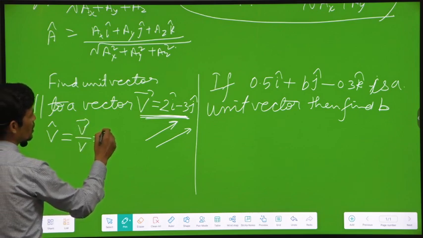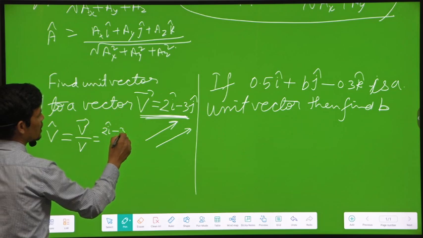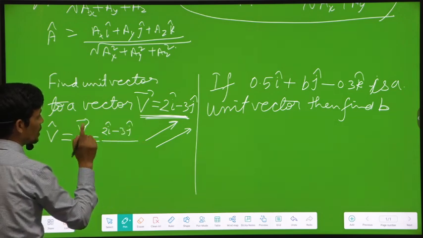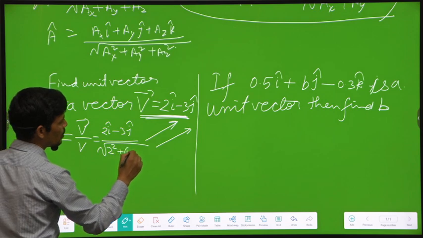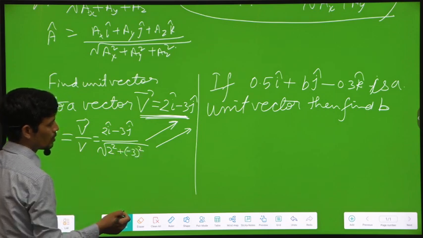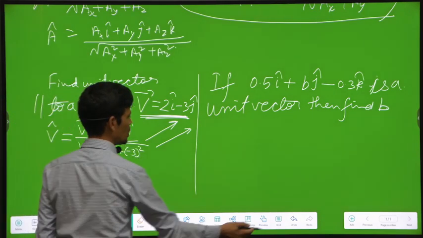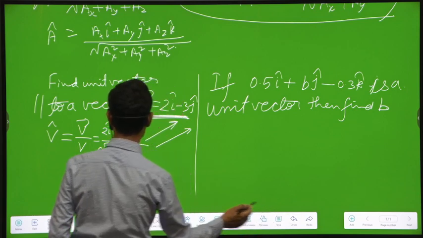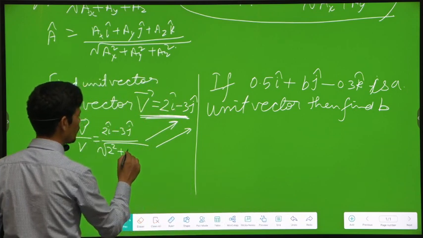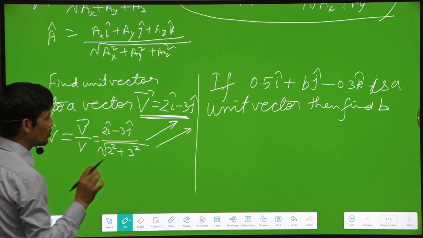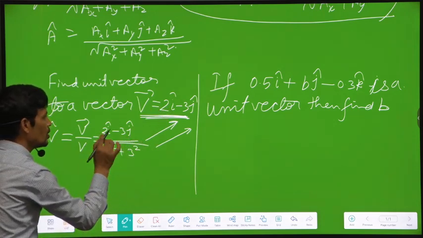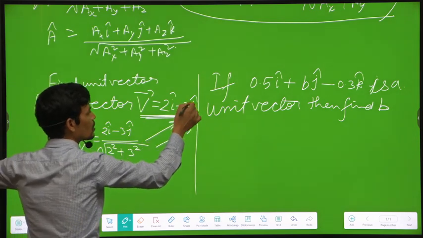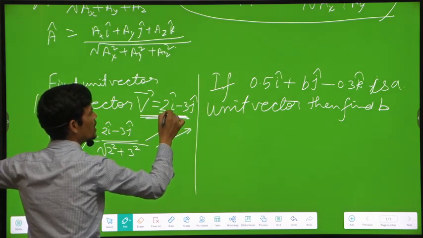So simply we can find v cap, which is v vector divided by its magnitude. V vector is 2i cap minus 3j cap divided by root of 2 square plus minus 3 square. So in future, if irrespective of the negative sign I directly write this, don't think that I have made some mistake, because ultimately it will turn out to be positive, because it is actually 2i cap plus minus 3j cap.